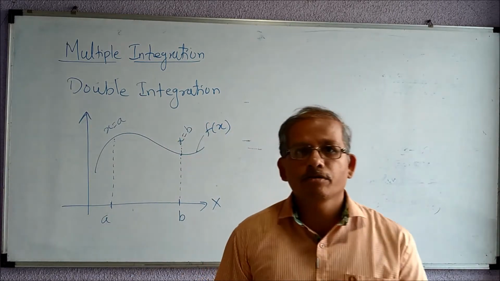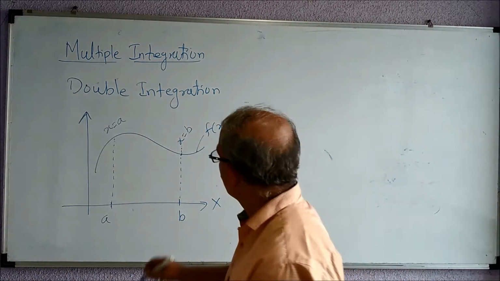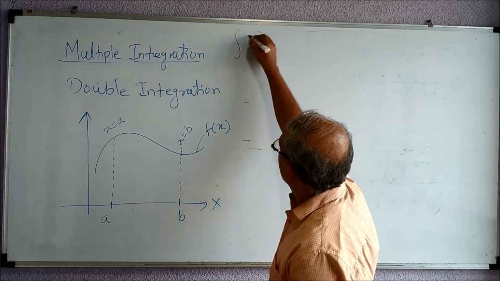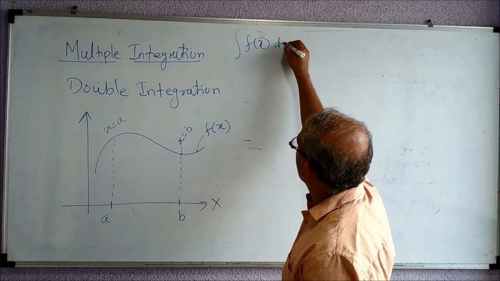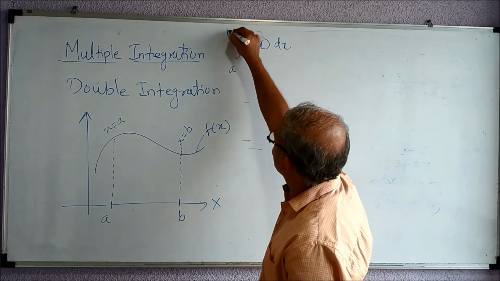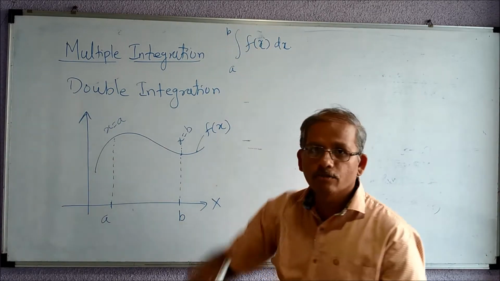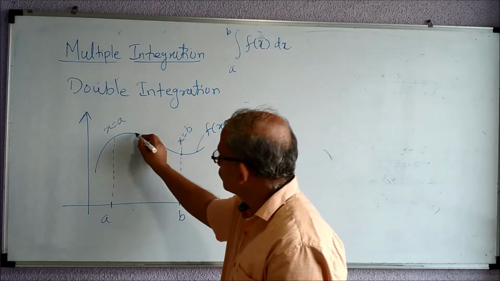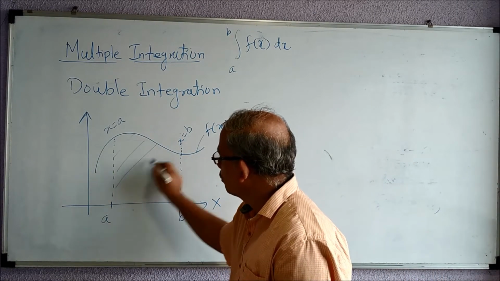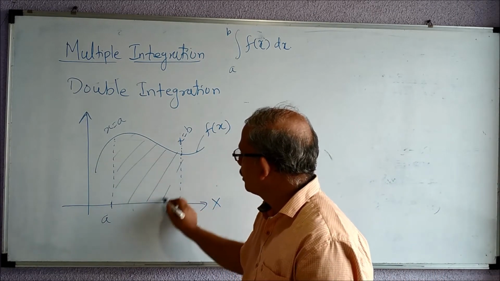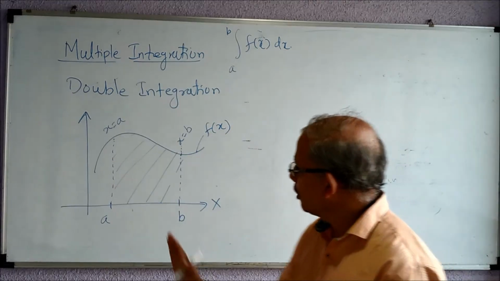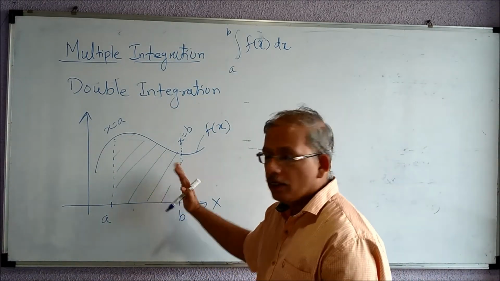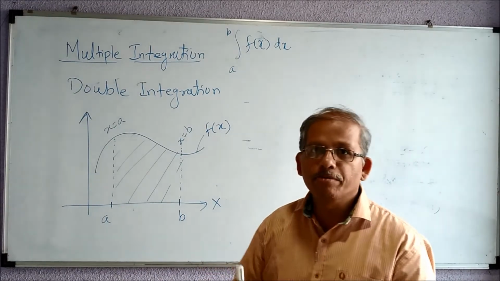When you integrate f of x dx from a to b, that is from x equal to a to x equal to b, you will get the area under this curve from x equal to a to x equal to b and above the x-axis. This is very important.